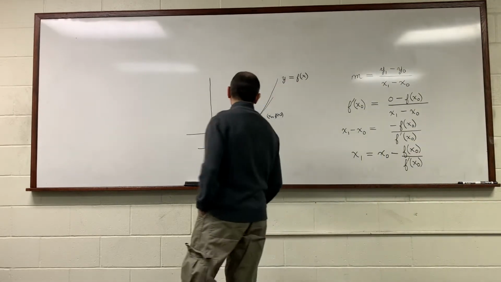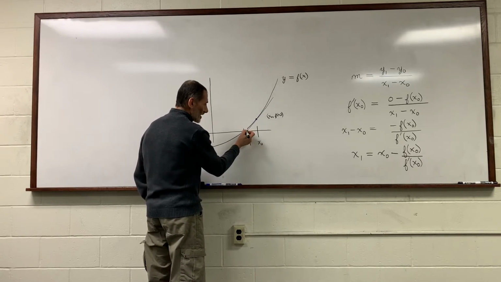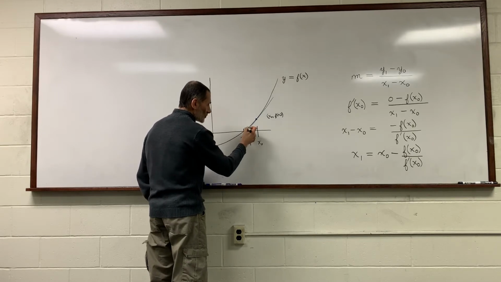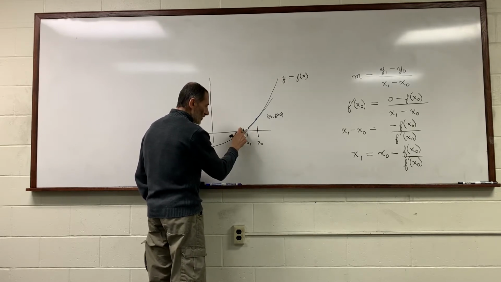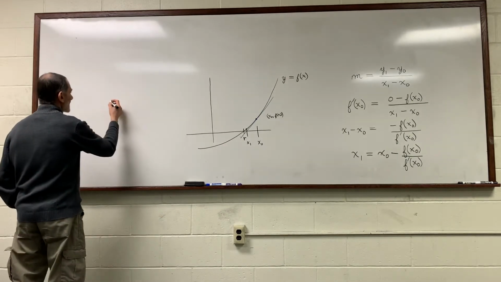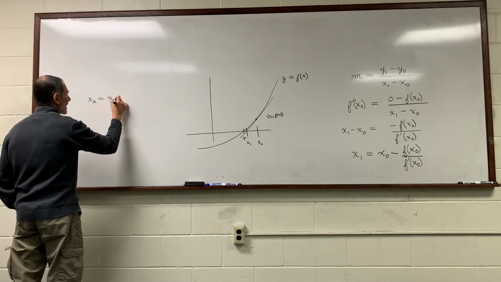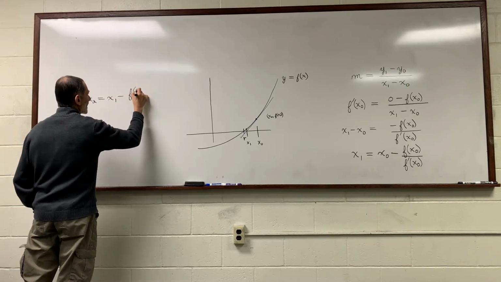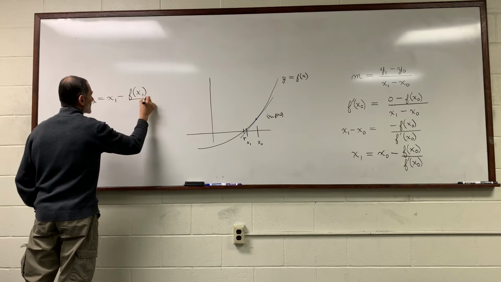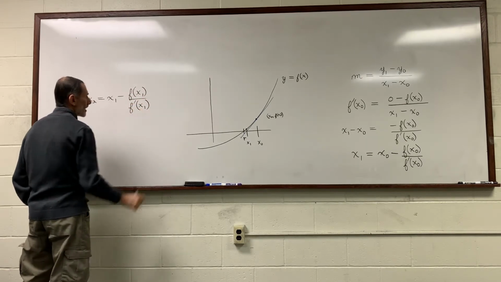If we wanted to run this again, and now it would be very difficult for me to do this visually, we could, at the point x sub 1, f of x sub 1, draw another tangent line which would cross the x-axis even closer to the root. And if we ran the same sort of calculation, we would find that x sub 2 equals x sub 1 minus f of x sub 1 divided by f prime of x sub 1.